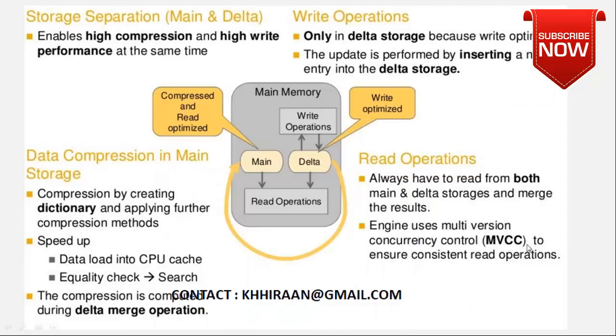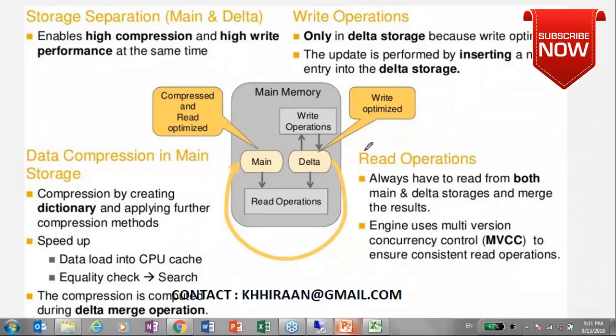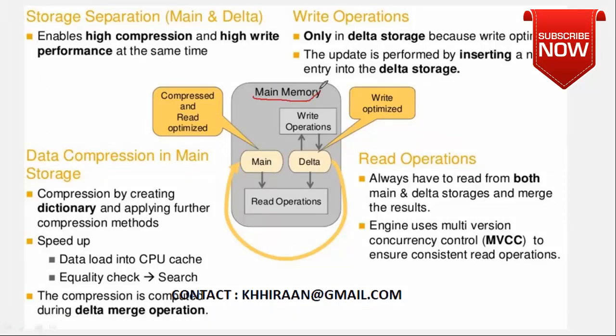Then come back to this. HANA has one more good feature, which is the delta merge operation. They're going to ask you what a delta merge is, in case they want to go very in-depth in your interview. The delta merge operation is about how data writing and reading operations are performed in your HANA system's main memory, and we can check that.